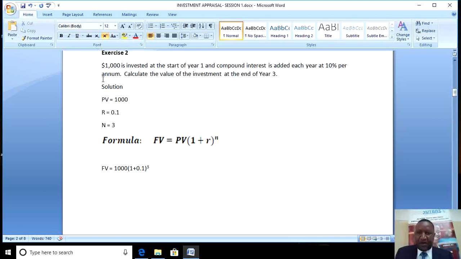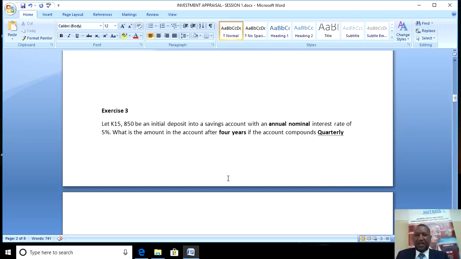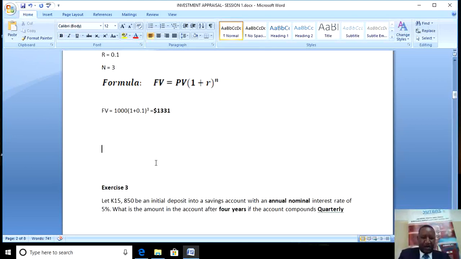You should have, put that in the calculator, 1.1 raised to power 3 multiplied by 1,000. You should have $1,301. Of course, that's how much the investment will generate.